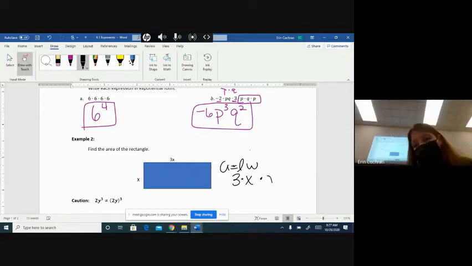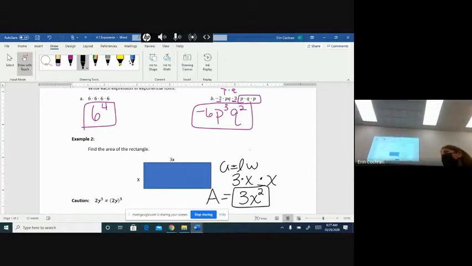X. So I don't have anything the same, right? So we leave it. And what's x times x? X to the second power. So my area is just 3x squared. Now, if I tell you the x is 12, could you figure that out? Yeah, we could plug it in, right? Which is what we'll do here in a little bit. Okay.